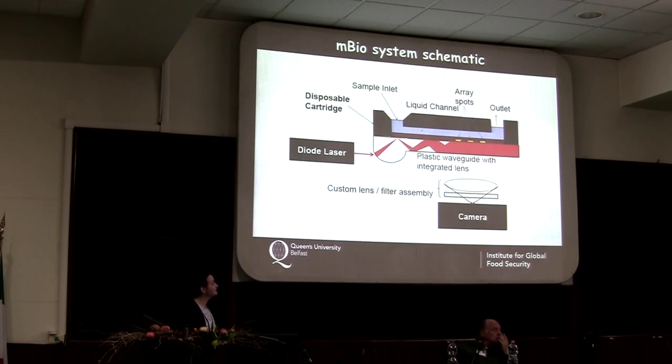So the MBio system has a camera, and I showed you the cartridge. All the know-how is in the cartridge. So basically, you have a laser, and the laser will shine the beam. The beam will create an evanescent wave, a planar waveguide, and the camera will pick up the signal that's generated here with fluorescent detection on immobilized protein-antibody interactions.